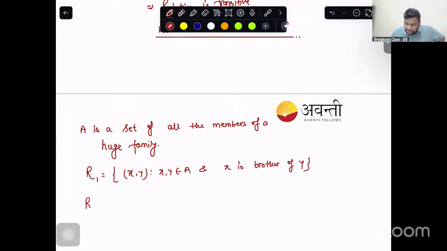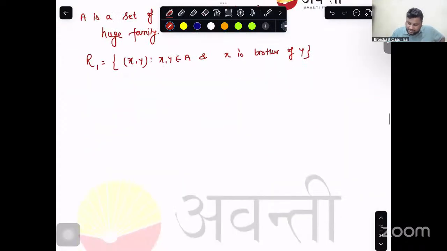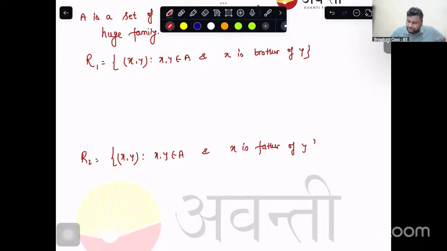There is a relation R2, defined as x comma y, where x, y belong to A and x is father of y.